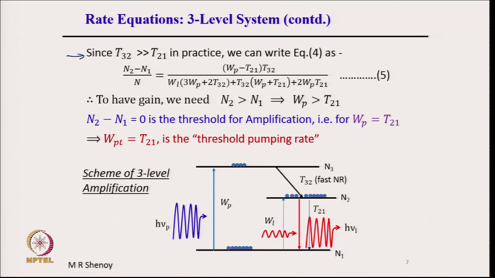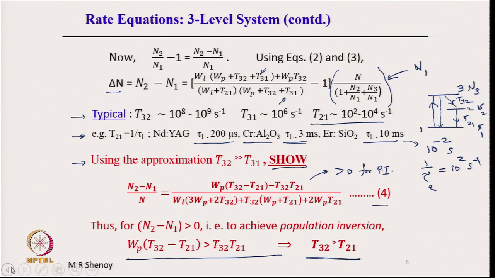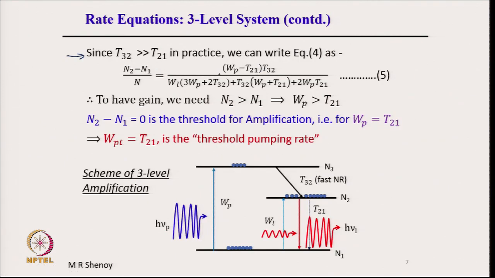Then we can neglect T21 here, and then we have Wp into T32 minus T32 into T21. So, T32 comes out and we have Wp minus T21 into T32. So, that is what is written here, Wp minus T21 into T32 in the numerator, and the denominator is written here.